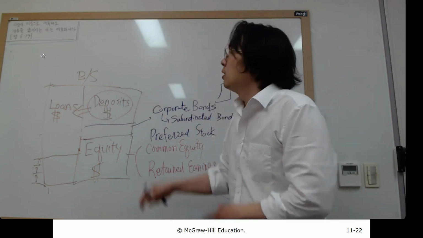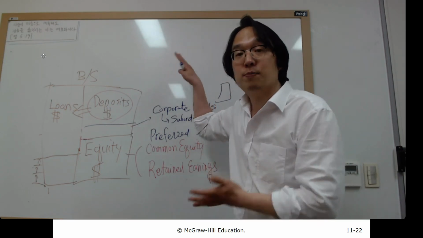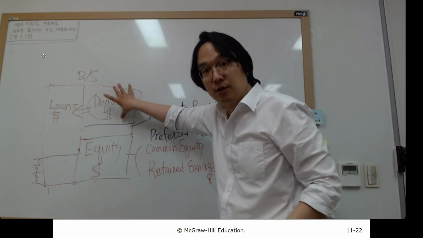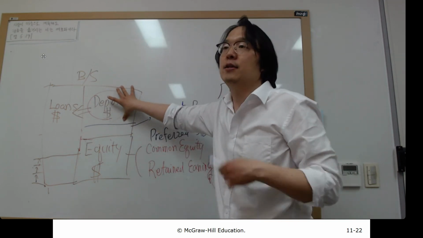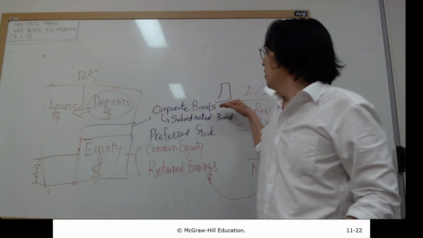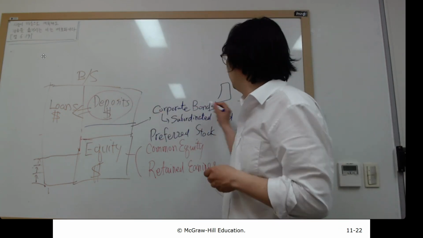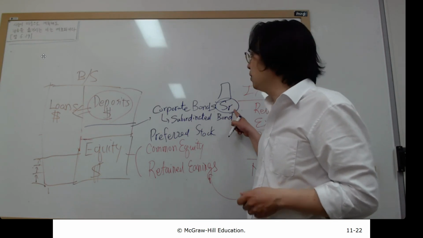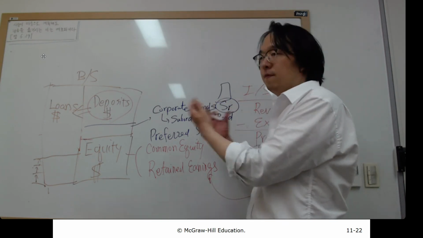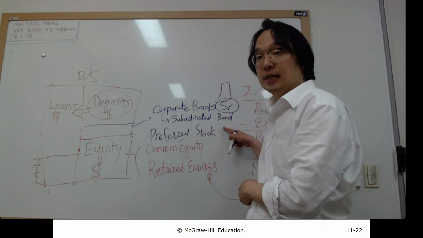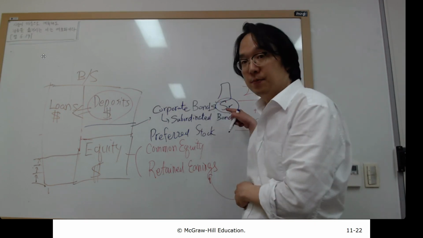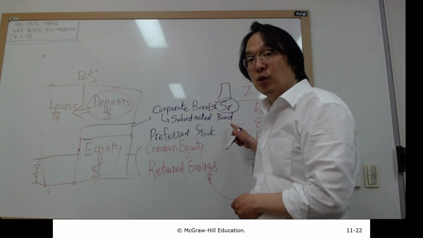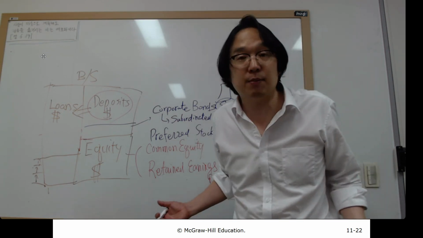When your bank goes bankrupt, you have to repay depositors first, and then the next claimants are senior debt holders, who have the first claim after depositors. If you hold sub-debt, subordinated bonds, you have the least chance.